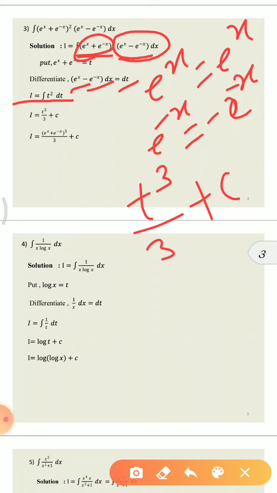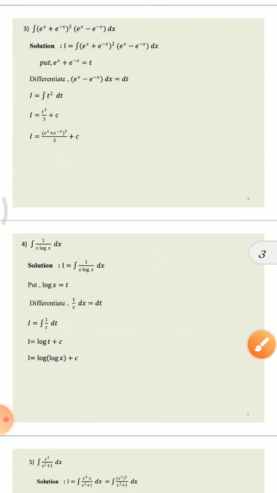This is how we solve the integration, that means the integration of, in bracket, e raised to x plus e raised to minus x the whole square into e raised to x minus e raised to minus x dx is equal to, in bracket, e raised to x plus e raised to minus x the bracket cube upon 3 plus c here.